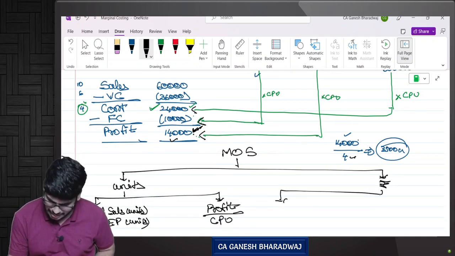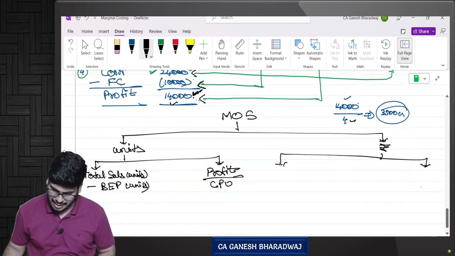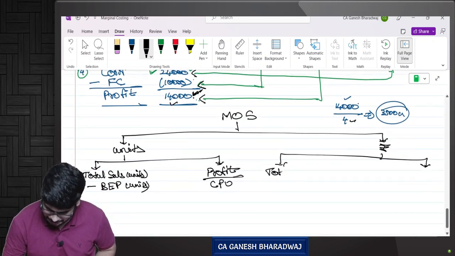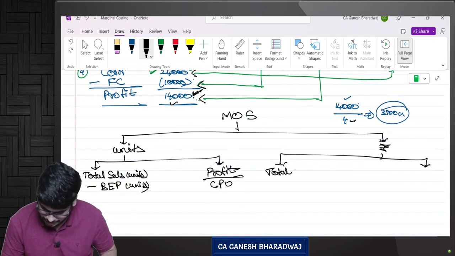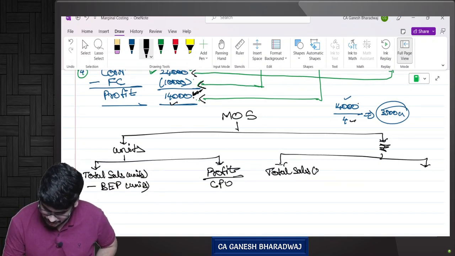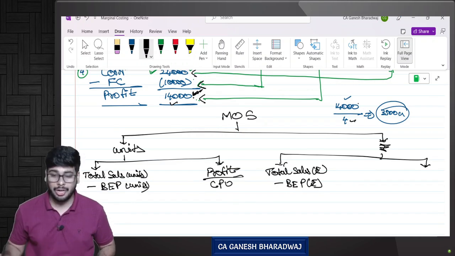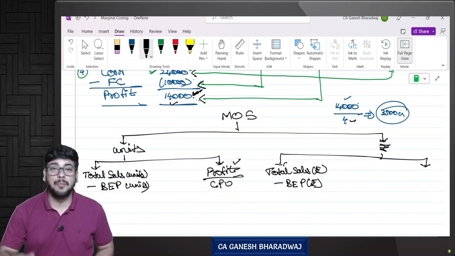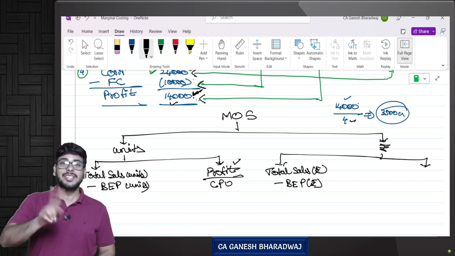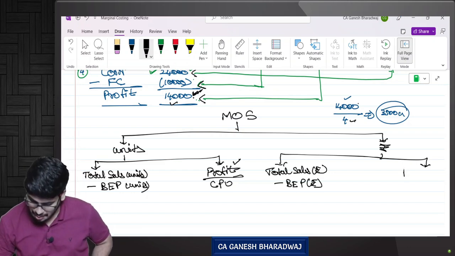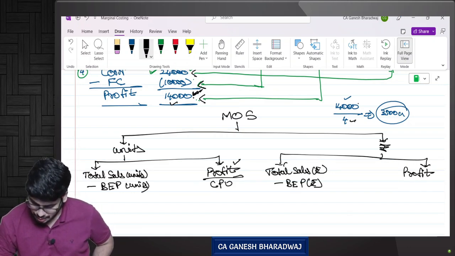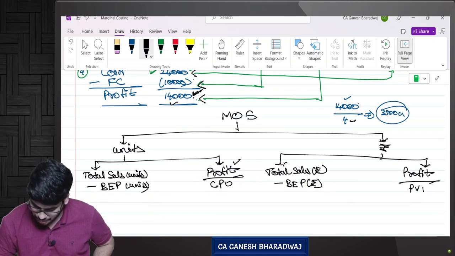Again, two formulas, very simple. Total sales in value minus break-even point in value, right? Or you can use this formula, profit divided by what? Instead of contribution per unit, you can say profit divided by PV ratio.